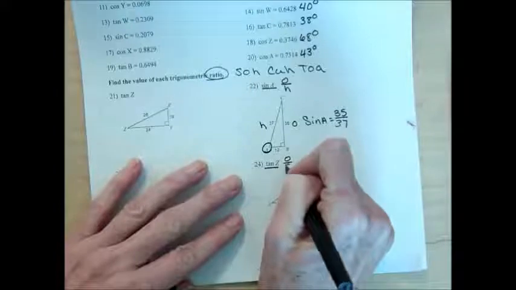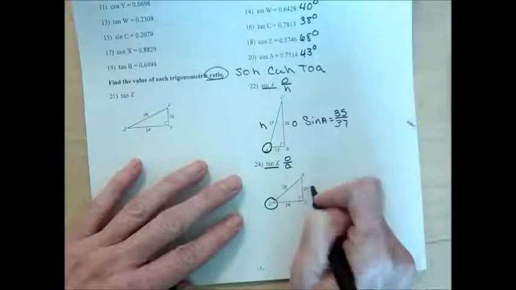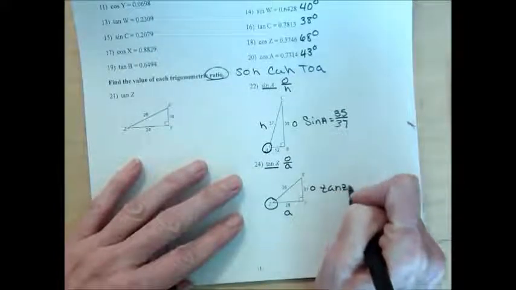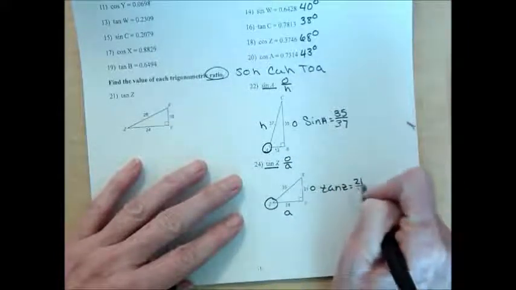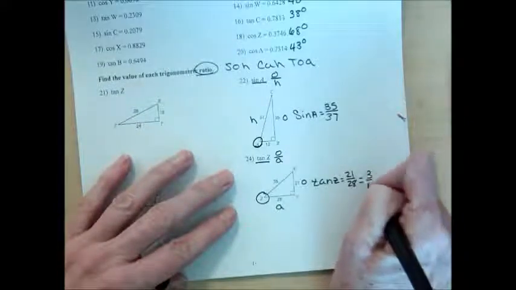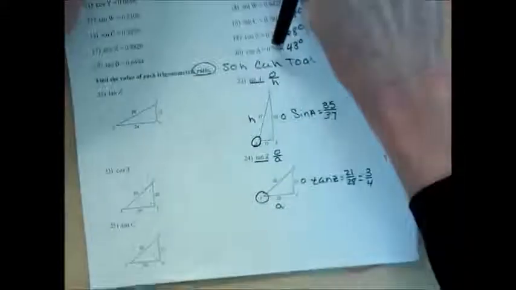All right, tangent. Tangent is opposite over adjacent of Z. Circle angle Z. Opposite is 21. Adjacent is 28. So the tangent of Z is opposite, which is 21, over 28. That reduces to 3/4. All right, 26.